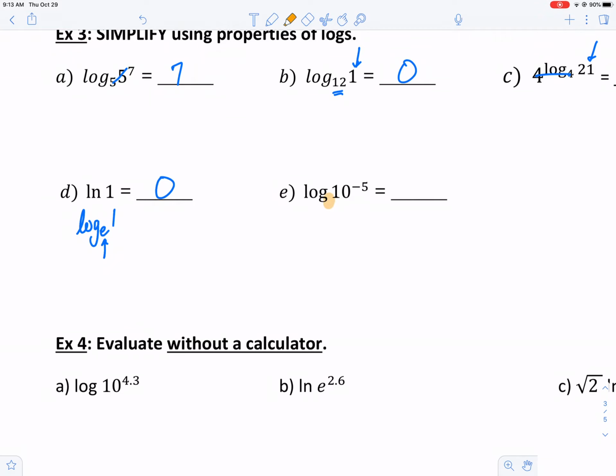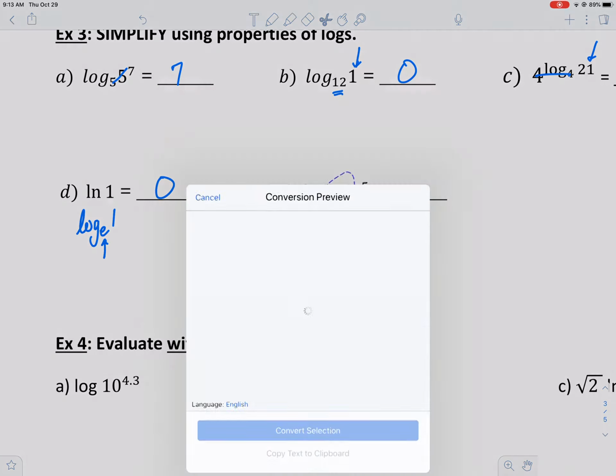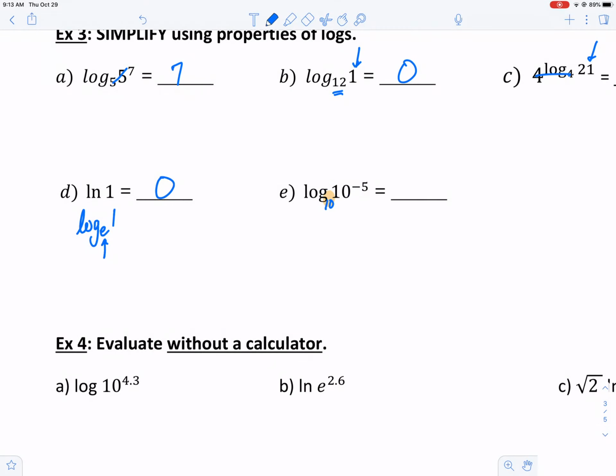I don't have a number here. Do you remember what you put when you don't have a number there? We are in the base 10 system, so we're going to put a 10 there. Now, notice my bases are the same, so they just cancel out, and my answer is going to be -5.